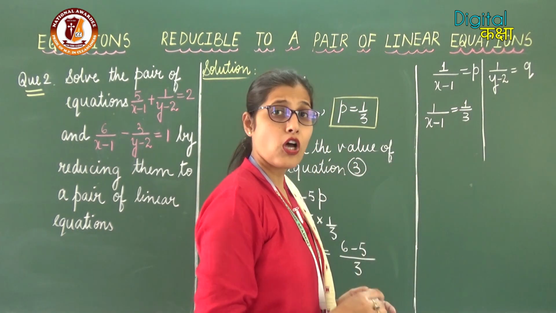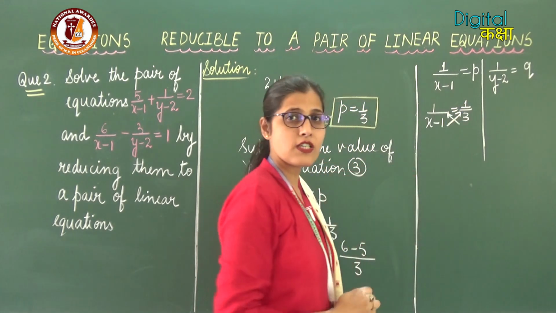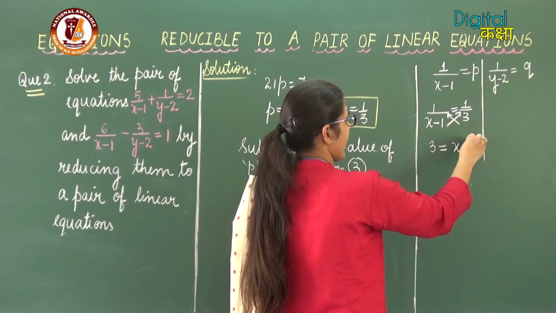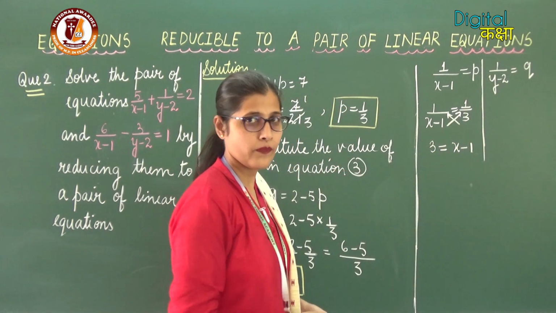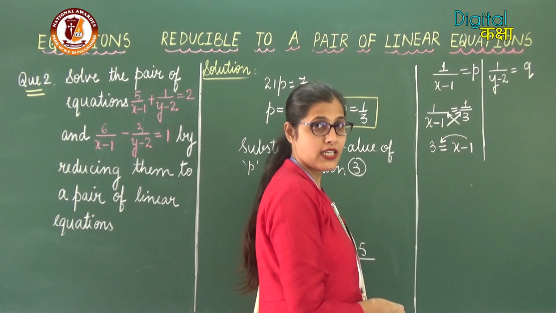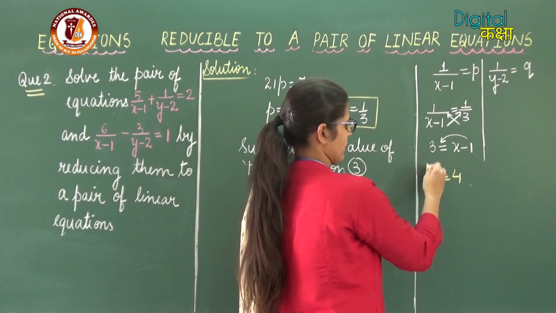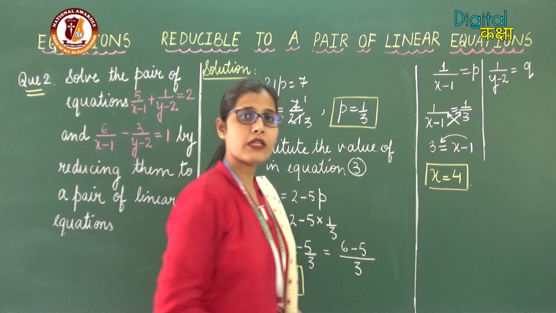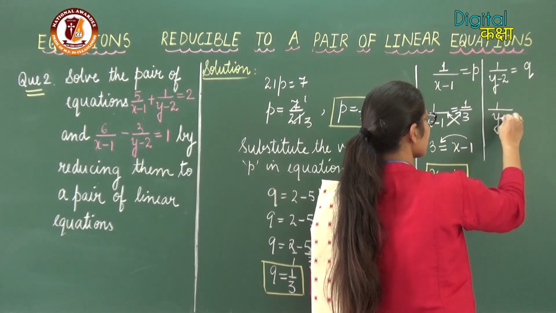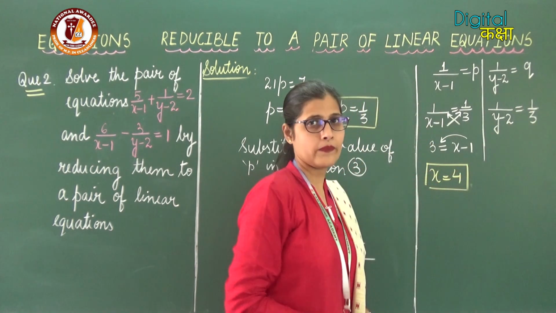We will be cross multiplying it. On cross multiplication, 3 will be equals to x minus 1. On shifting the constant on one side, we will get the value of x equals to 4. Similarly, we will equate 1 upon y minus 2 equals to 1 upon 3.